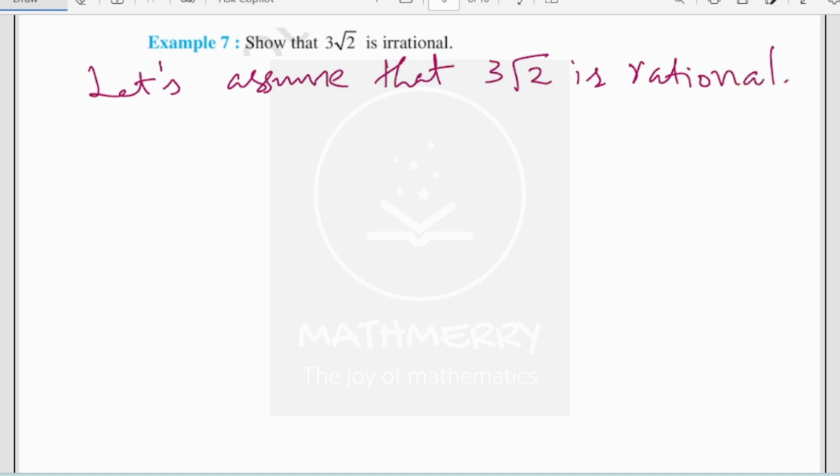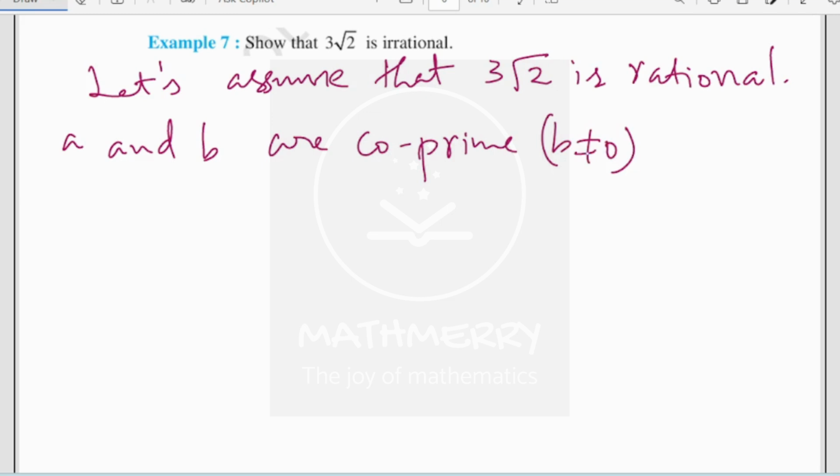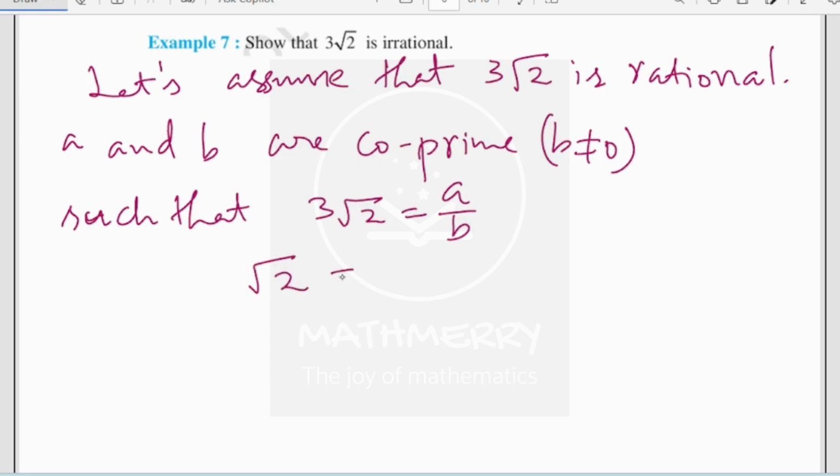When we assume that 3 root 2 is rational, we should find two numbers A and B that are coprime, where B is not equal to 0. Then we can write 3 root 2 as A by B. That means root 2 is equal to A by 3B.